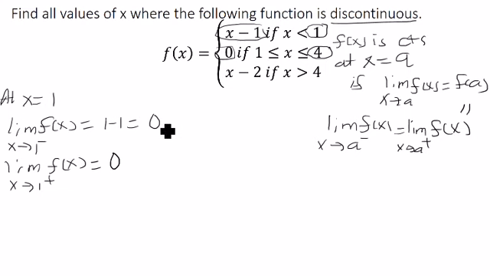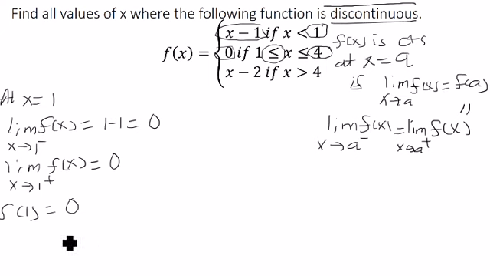So these two are equal. Now let's do one more thing, which is f at 1. f at 1 is again the second branch, because the equality is in the second branch, so that's going to be 0. As you see, all 3 quantities are equal, so this function is continuous at x equals 1. So we should not worry about 1, because we're looking at the points of discontinuity.